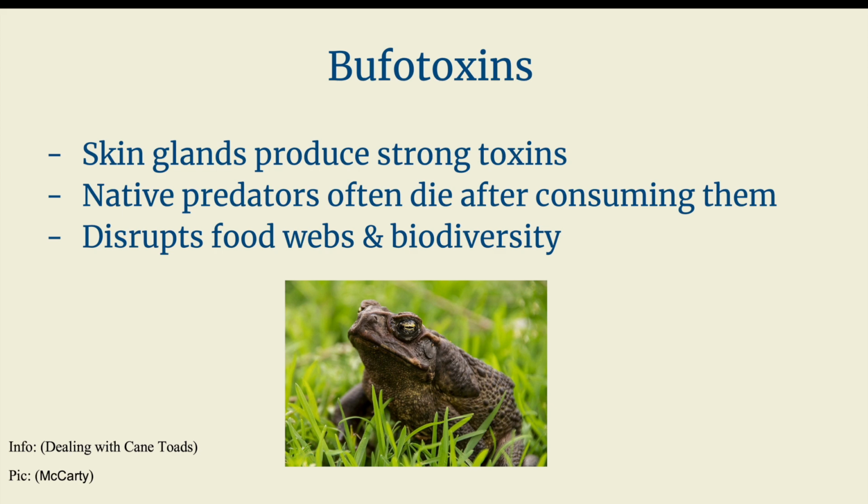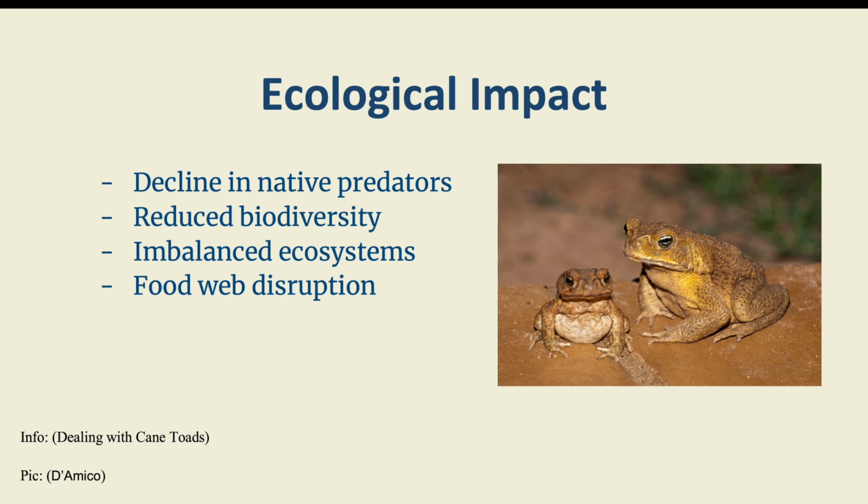In regions like Florida, native predators such as snakes, alligators, and even domestic pets like dogs and cats often die trying to eat cane toads because they are not adapted to handle these toxins. This causes serious ecological consequences since the death of native predators disrupts food webs and reduces biodiversity.